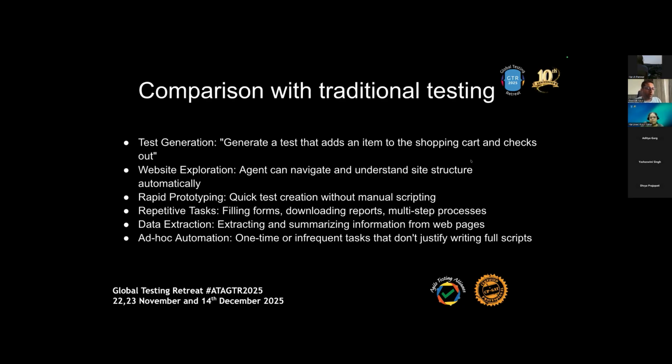The second good part about Playwright MCP is web scraping. So you build an agent, you use Playwright as a web scraper. You go to a particular website, you can read about what news it has and stuff like that.